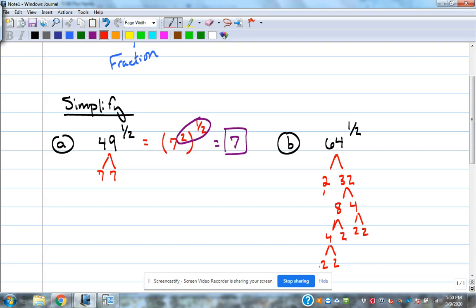So that's 1, 2, 3, 4, 5, 6 2s, which is 2 to the sixth. Multiply those together: 6 times 1/2 is 2 to the third power, which is 2 times 2 times 2, which is 8.